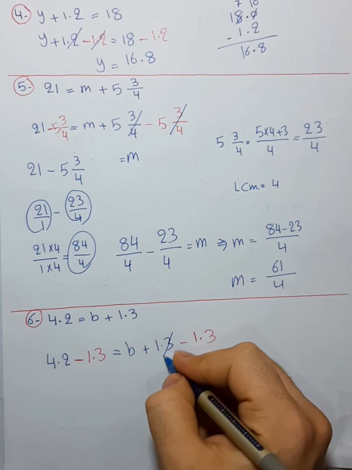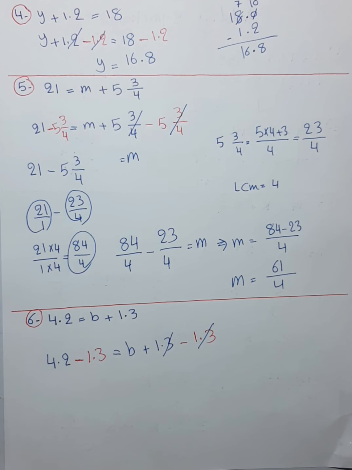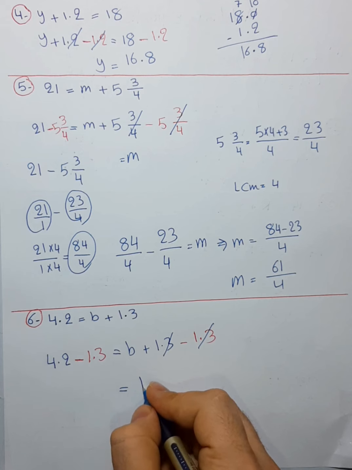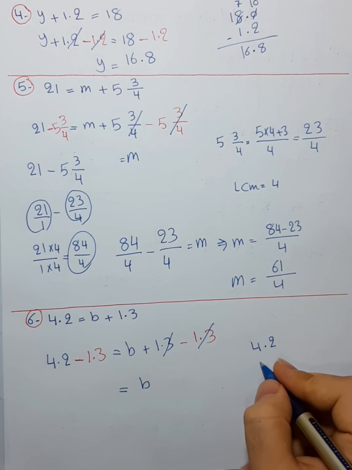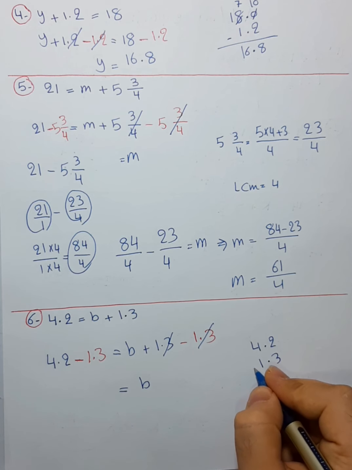Now these two numbers equal to 0. We have only b, 4.2 minus 1.3.